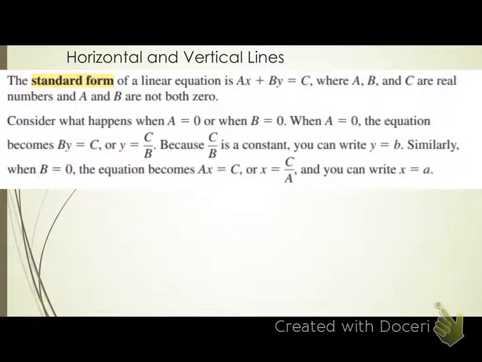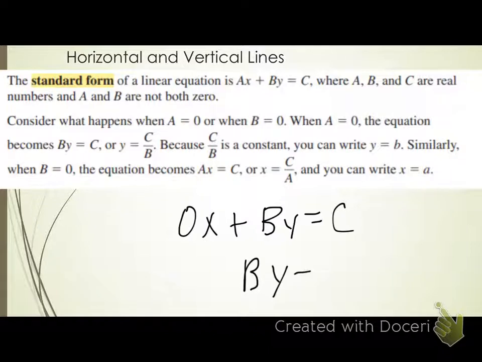Let's consider what happens when a equals 0 or when b equals 0. So if a equals 0, the equation becomes by equals c, because 0 times x would just be 0, so that would just be by equals c.